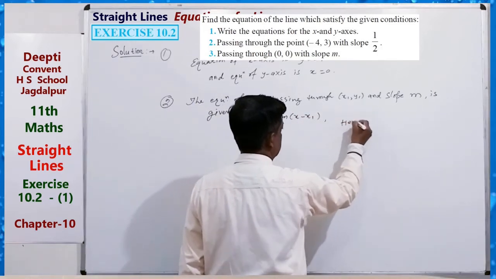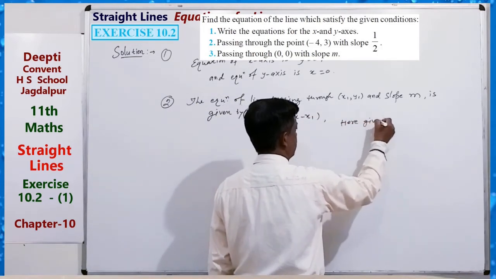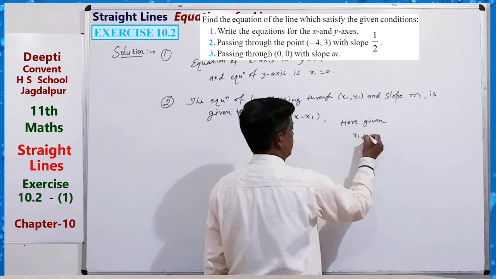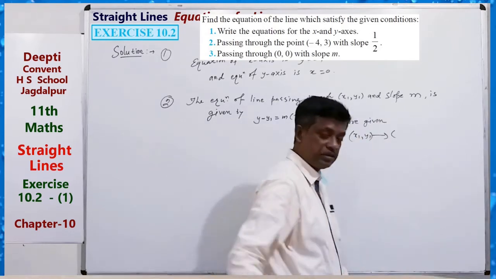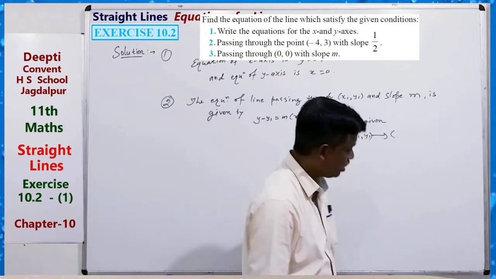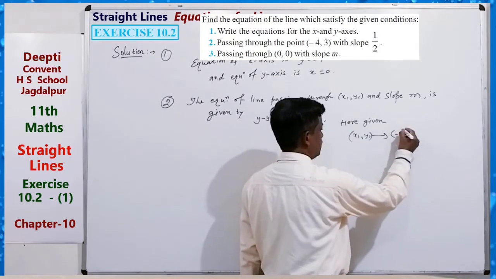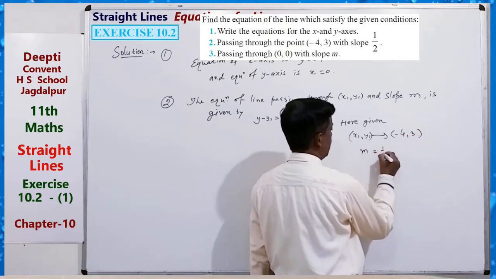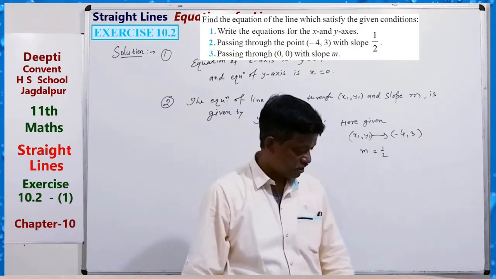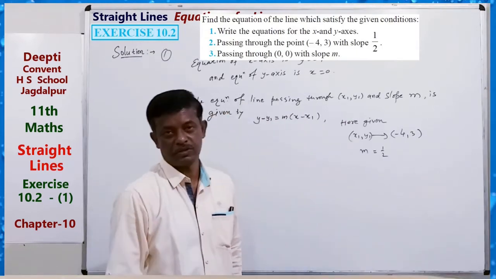Here, what is the point? -4, 3, and the slope is half.